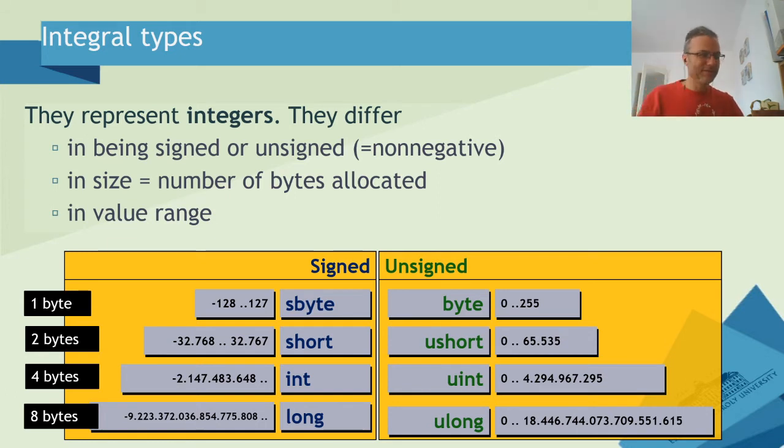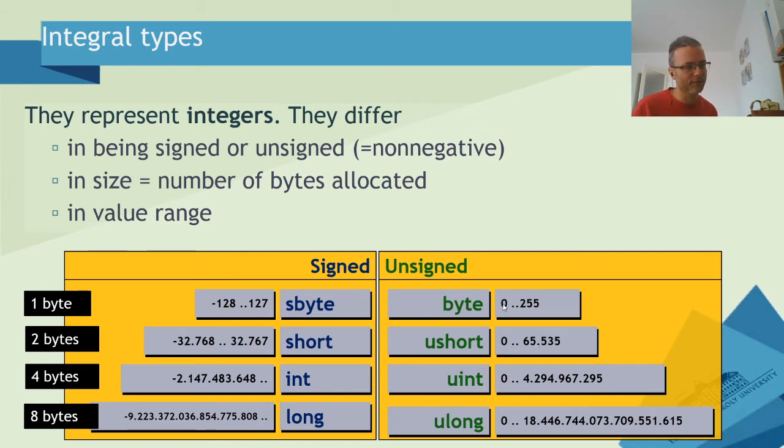So let's talk about the blue column, which is about signed types. Each unsigned type has a signed counterpart. Basically, if you look at the value ranges, you can make a value signed if you shift the range in the negative direction. So you shift half of the range into the negative range.